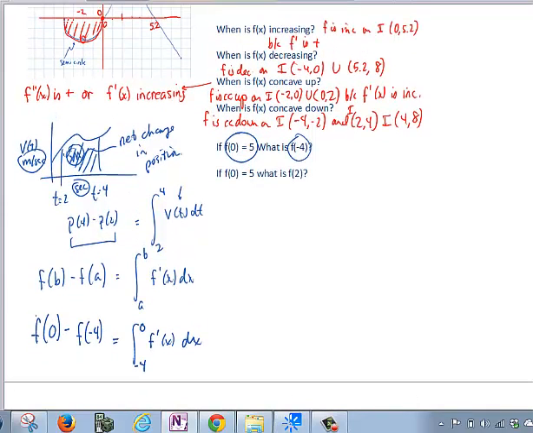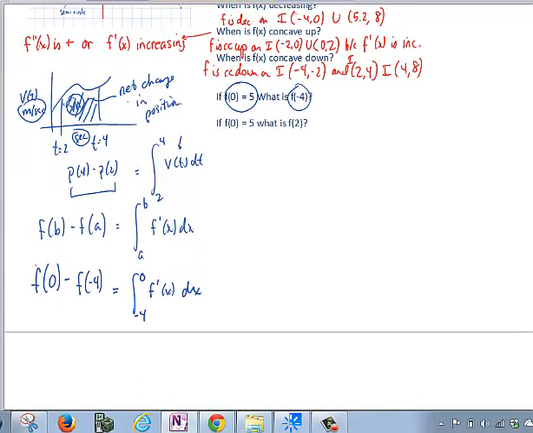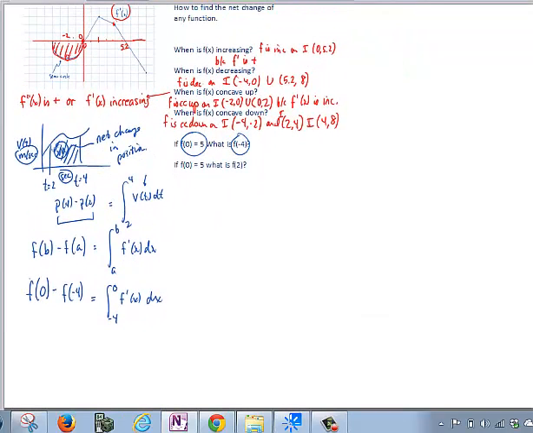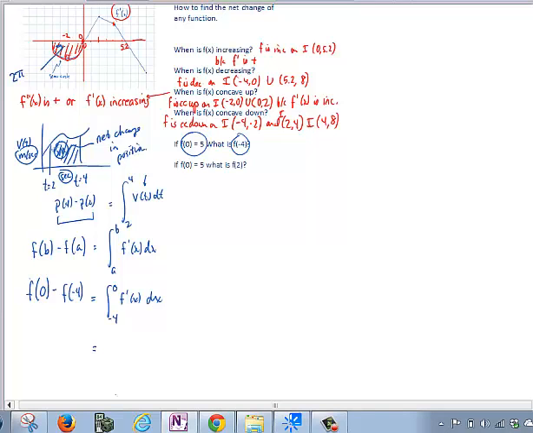Let me zoom out so you can see the picture. If that's a half circle, so that half circle area will be 2 pi. If the radius is 2, it's a semicircle. So the area from 0 to -4 is -2 pi because it's underneath the axis.